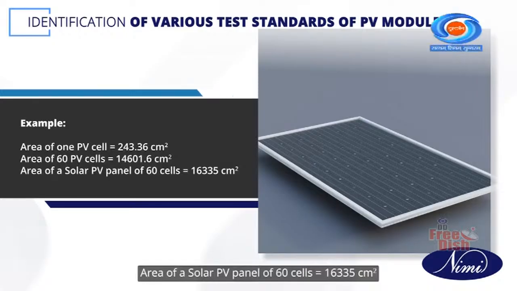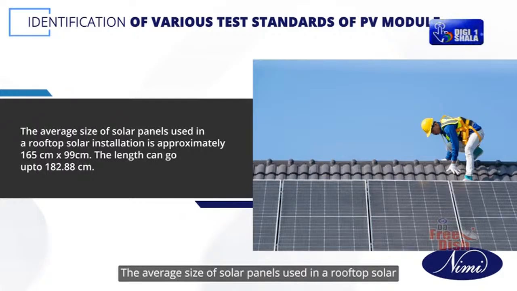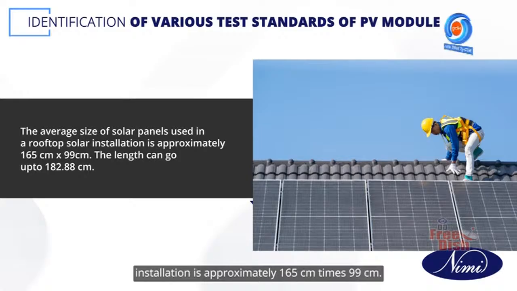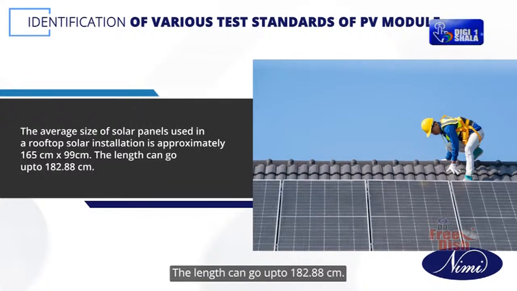Area of a solar PV panel of 60 cells is equal to 16,335 cm square. The average size of solar panels used in a rooftop solar installation is approximately 165 cm times 99 cm. The length can go up to 182.88 cm.